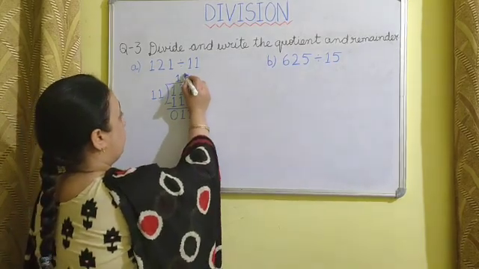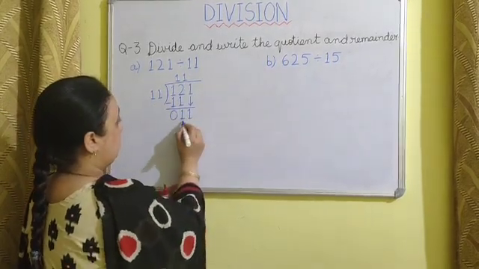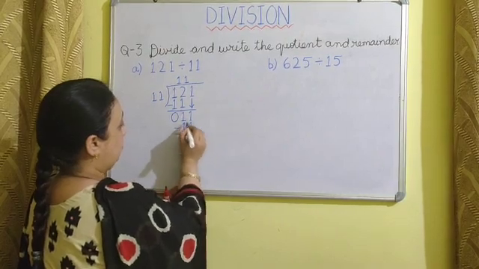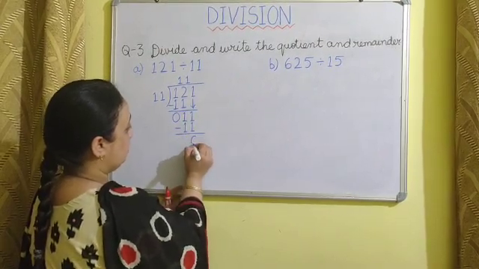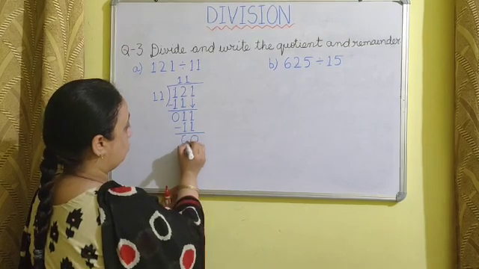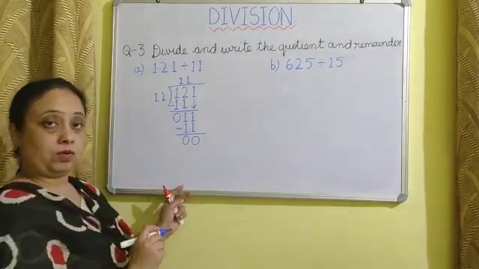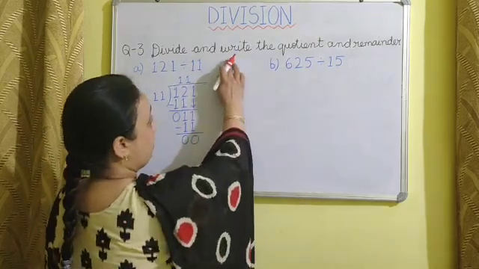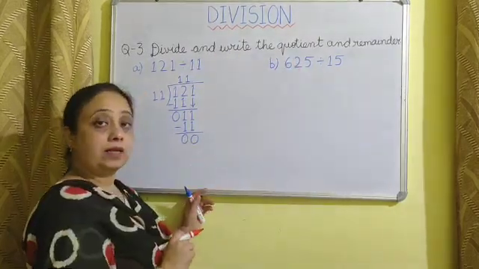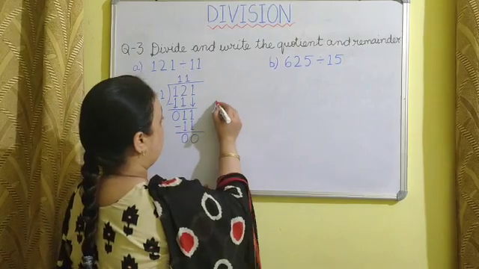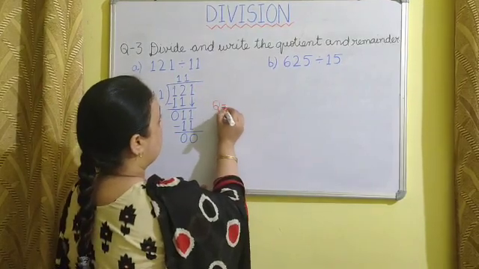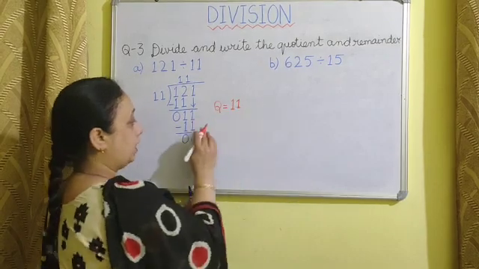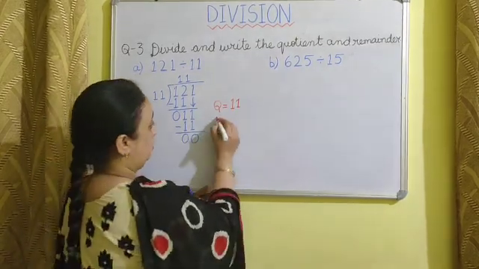We'll once more write 11 ones are 11 and subtract it. 1 minus 1 is 0. Again 1 minus 1 is 0. So what is our quotient here? The question says divide and write the quotient and remainder. So you have to write the quotient, which is 11 here, and our remainder is 0 here.